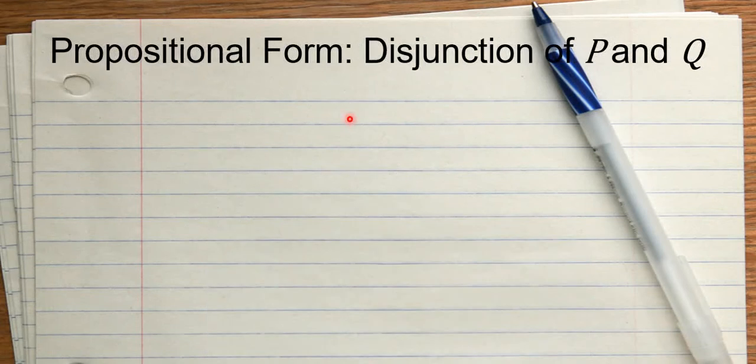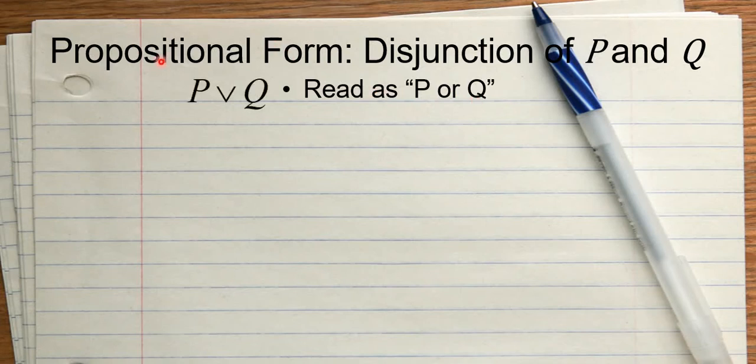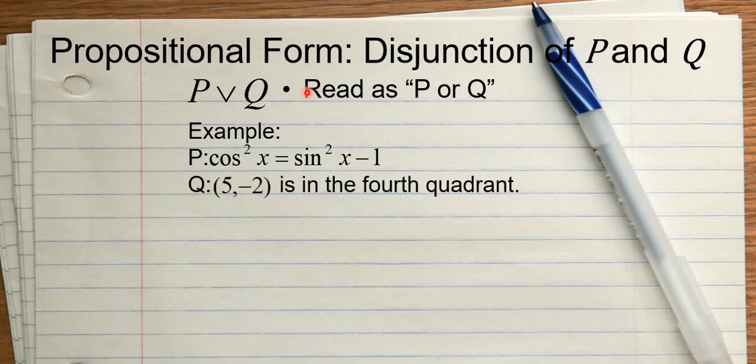Next up, we have the propositional form, the disjunction of P and Q, which is usually read as P or Q, symbolized in this way. Say for example, we have the proposition P: cosine squared x is equal to sine squared x minus 1. Proposition Q: (5, negative 2) is in the fourth quadrant.